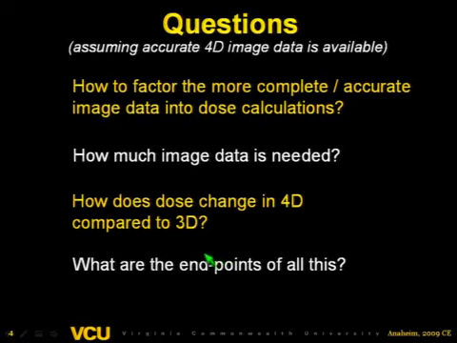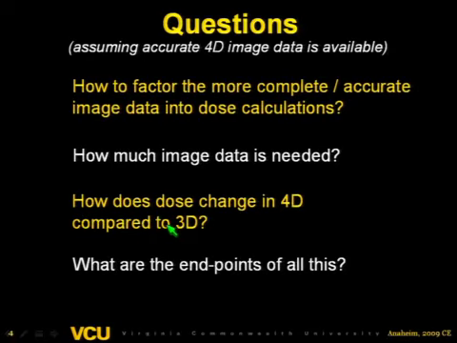So assuming that we have accurate 4D image data available, there are a number of questions one can address in relation to the next step, which would be 4D treatment planning.